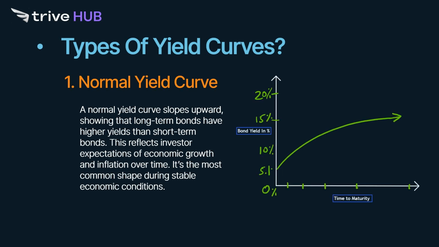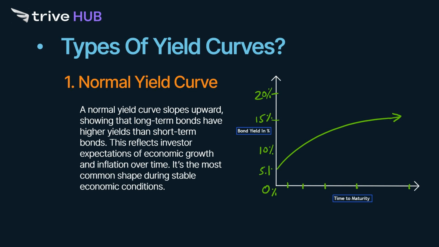So you can see on this chart, on the vertical axis is the rate of interest, and on the horizontal axis is the time to maturity, means how many days or years are remaining for the bond to mature. On the vertical axis, 5%, 10%, 15% are rates of interest.